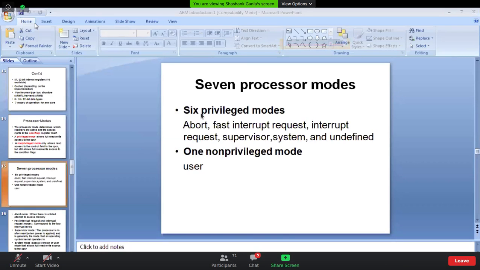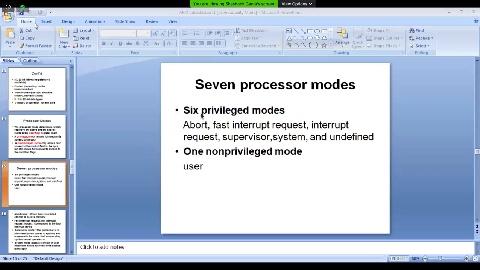So another example of abort mode can be explained like this. Let us say you have encountered something like a segmentation fault, in which the CPU is trying to access a region of memory where it is not allowed to access.